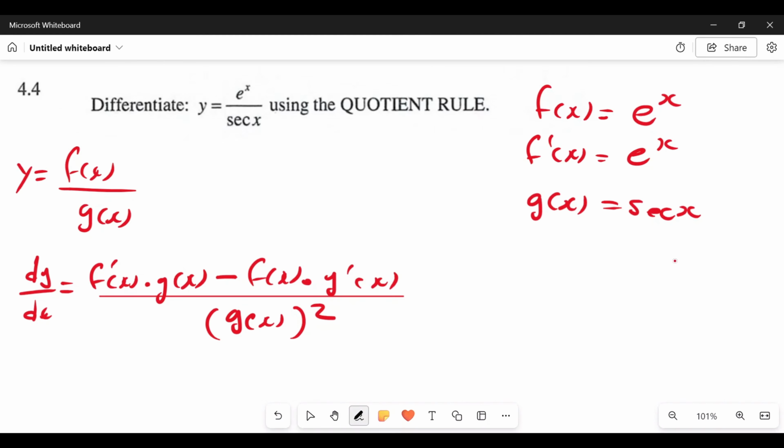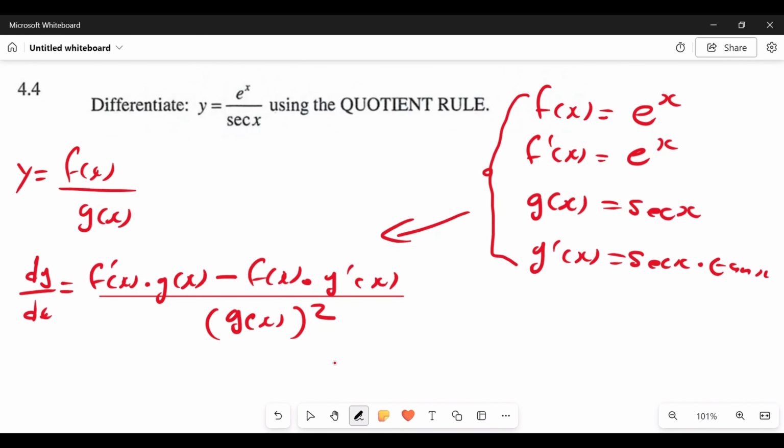And then g of x is the trigonometric function. Now, how do you differentiate sec? So g of x prime is going to be sec multiplied by tan x, right? So now all you need to do is to substitute all these there. There we go.